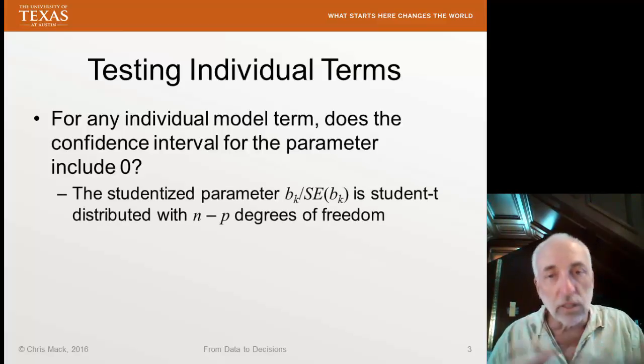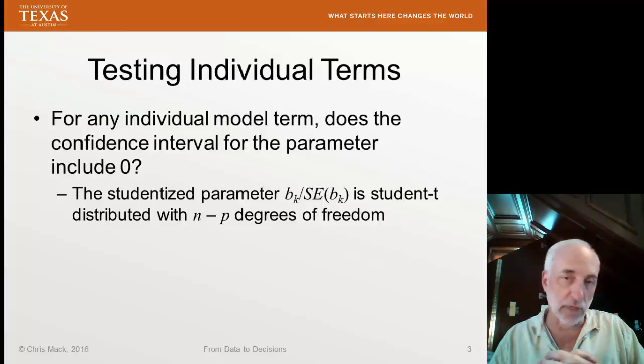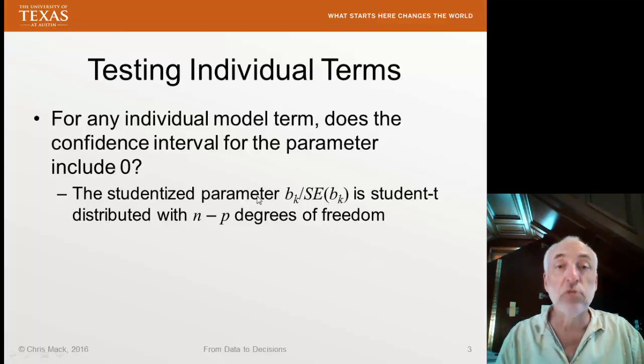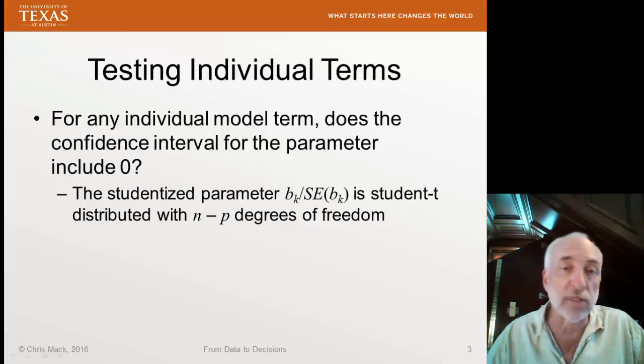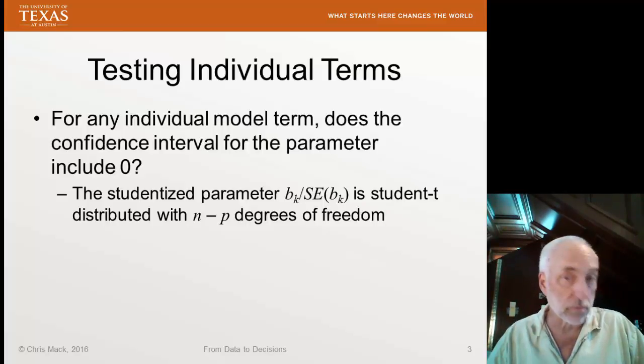Now, under the assumptions of ordinary least squares regression, we believe that the studentized versions of those parameters, that is the parameter value divided by the standard error of that parameter, should be student t distributed. There should be n minus p degrees of freedom, where n is the number of data points, p is the number of parameters in the model.